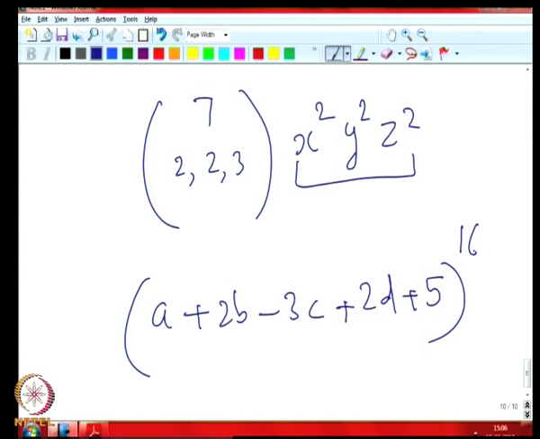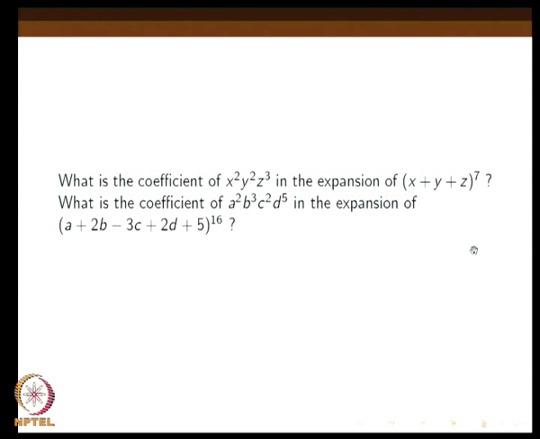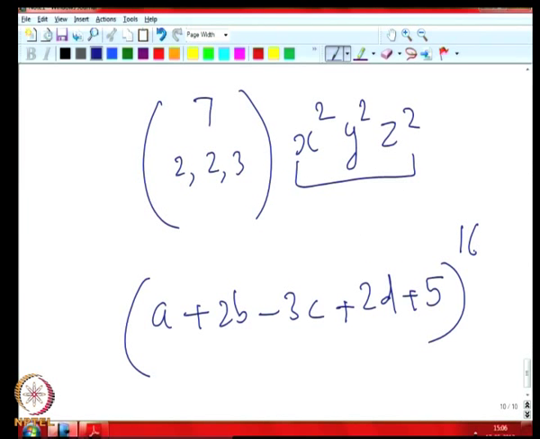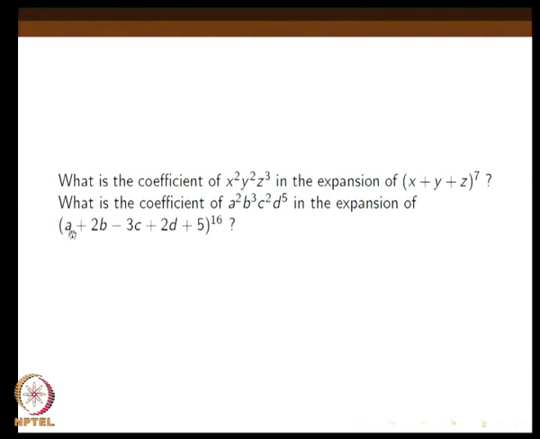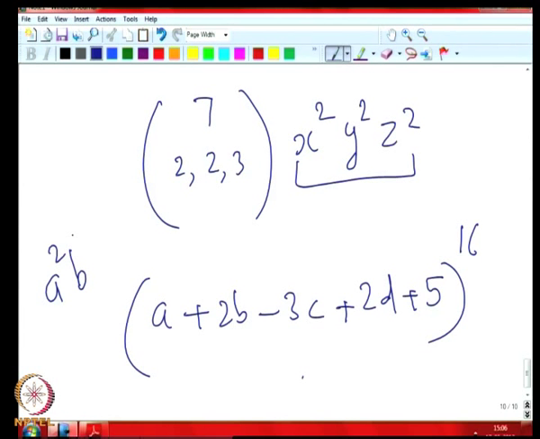In the expansion of this, what is the coefficient of a square b cube c square d5? We are interested in the coefficient of a square b cube c square d5.